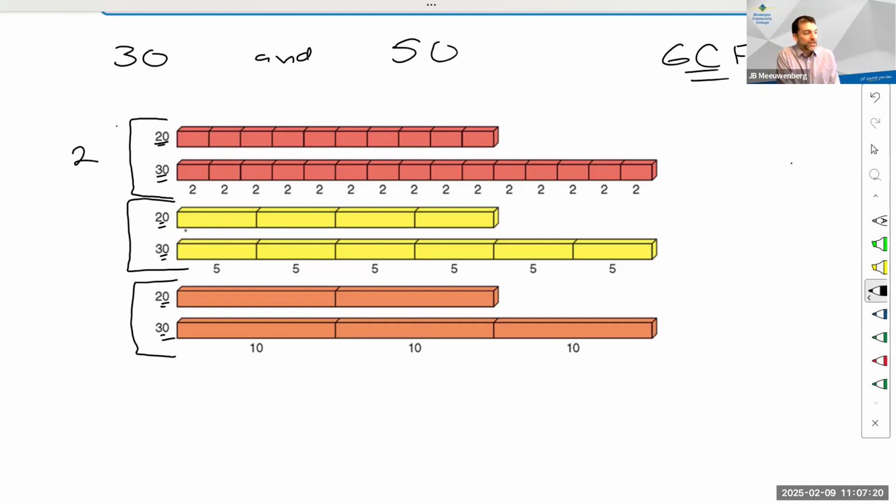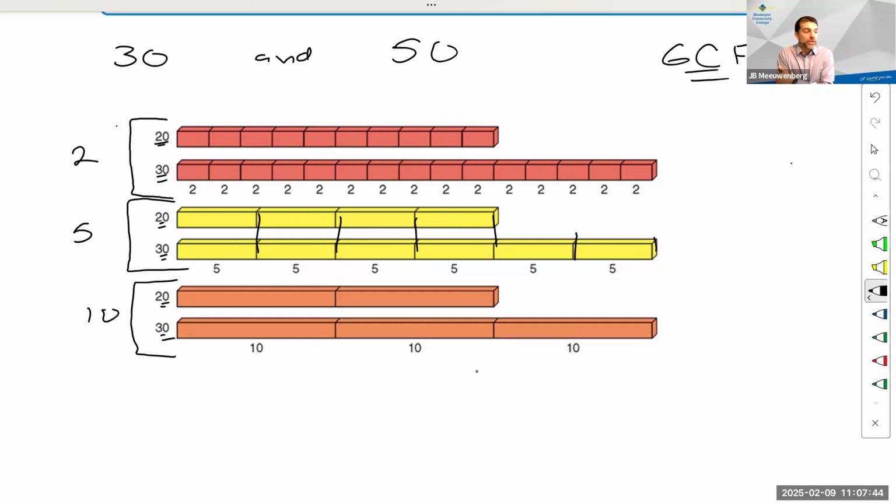Another way you could do it is take 20 and 30 and divide them into chunks of 5, right? Here's a 5, here's a 5, here's a 5, here's a 5, and then 30 has 2 additional 5s. But that's, again, a length that you could divide into both of those numbers evenly. So 5 is a common factor.